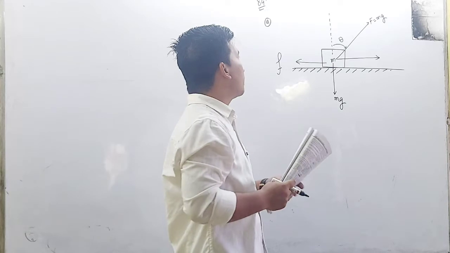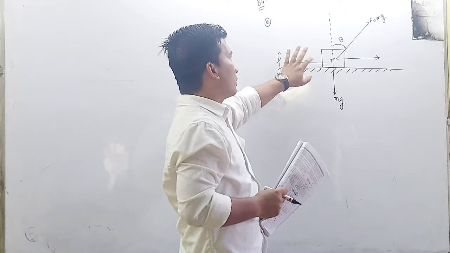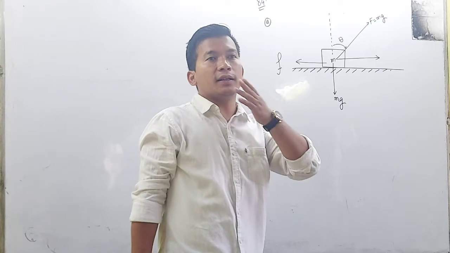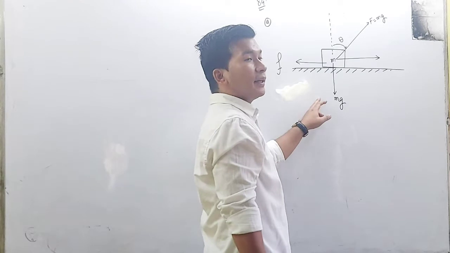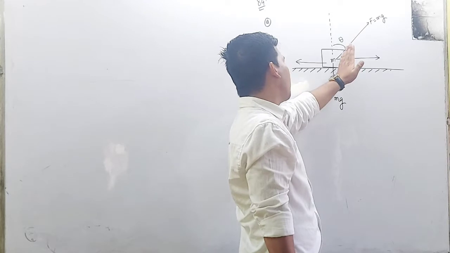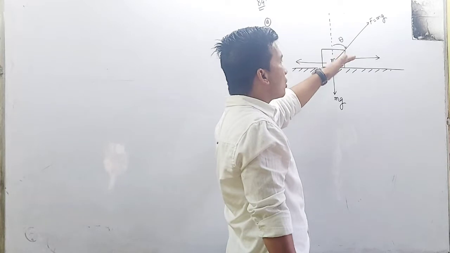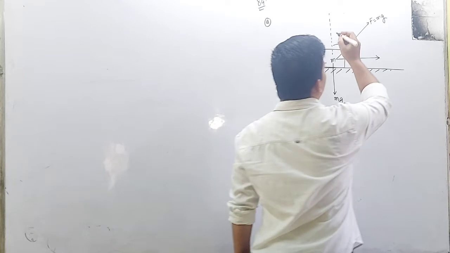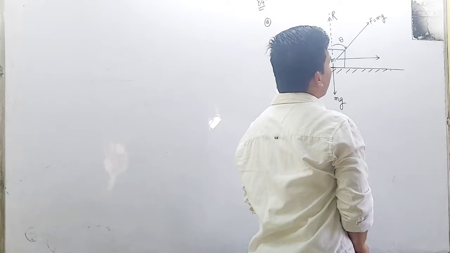Question number 84: this body is being acted upon by how many forces? There are 4 forces. The applied force, the normal direction, and on the rough surface there will be another force opposite to the direction of motion, which is friction.